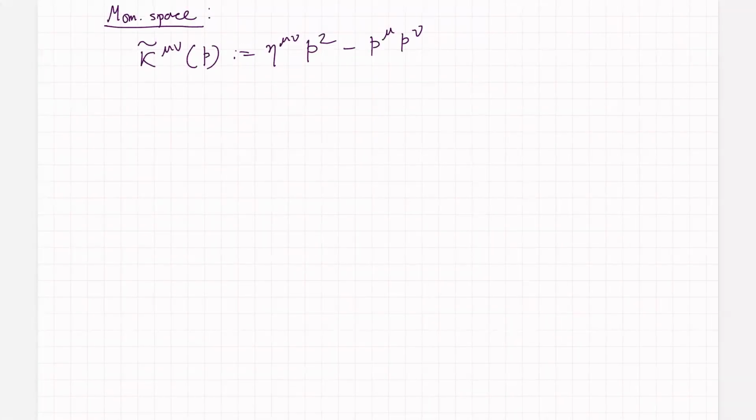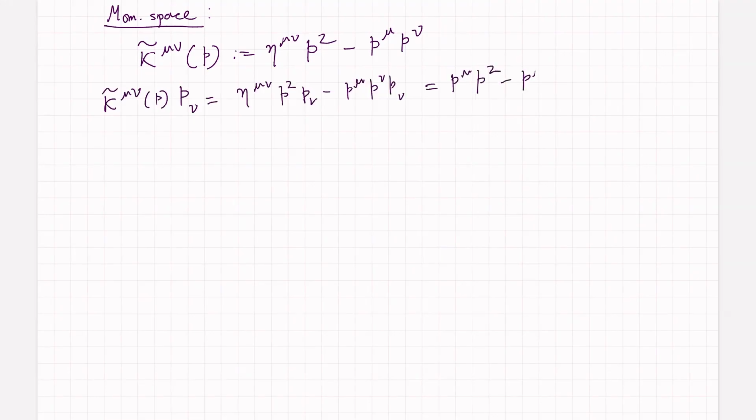Whatever kinematic factor is there, you just call it k tilde mu nu. And now what's the zero mode? The zero mode is very easily seen to be anything which is proportional to p nu. Because if you just do it here, eta mu nu p squared p nu minus p mu p nu, then this is essentially p mu p squared minus p mu p squared, which is 0.